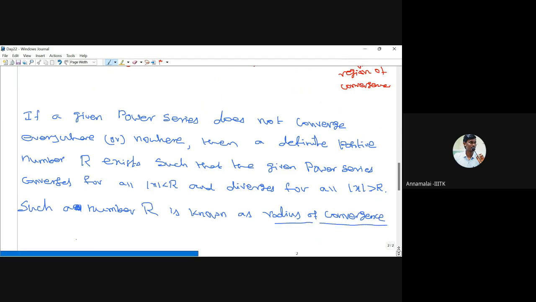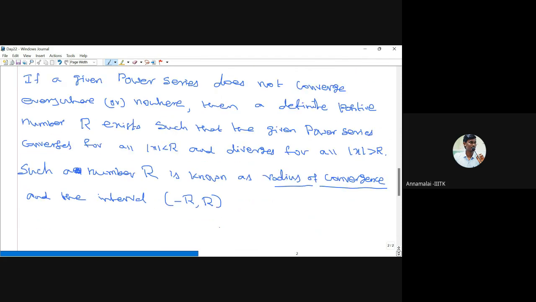And the open interval minus r to plus r is called the interval of convergence of the given power series.